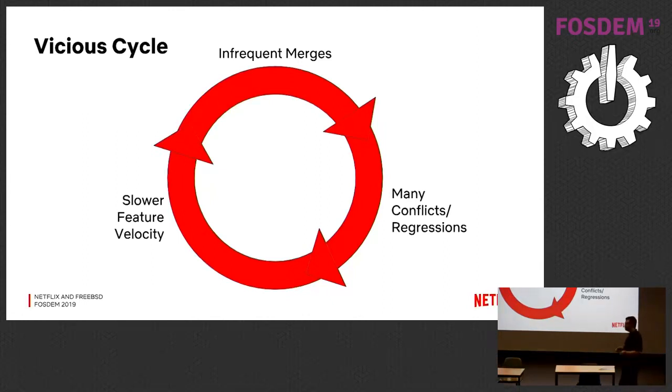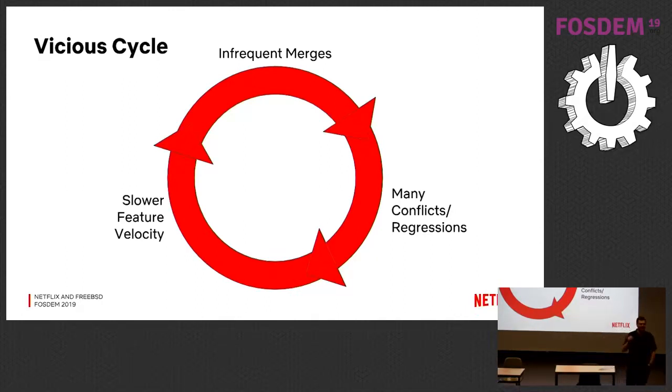The developers who were developing code suddenly have to stop developing new features and go back and make all the old stuff work again with the new code. That's not very fun to do as a developer, but it also means that's a whole bunch of time you're not writing new features. You end up thinking these merges are so painful that you're going to do them even less frequently.